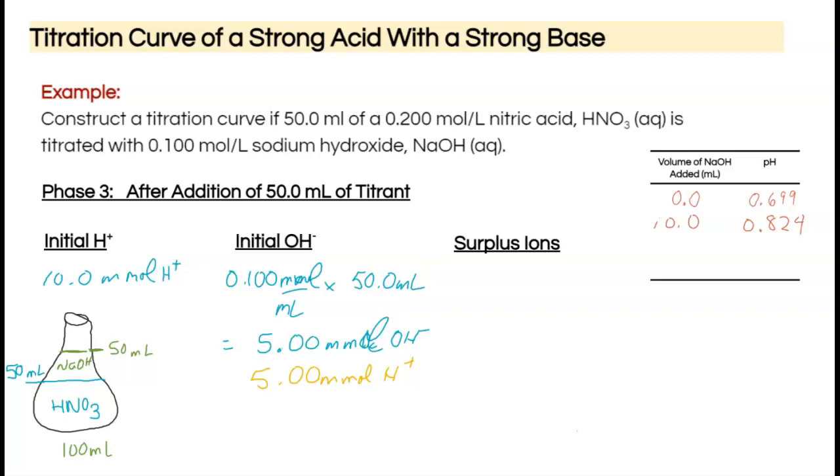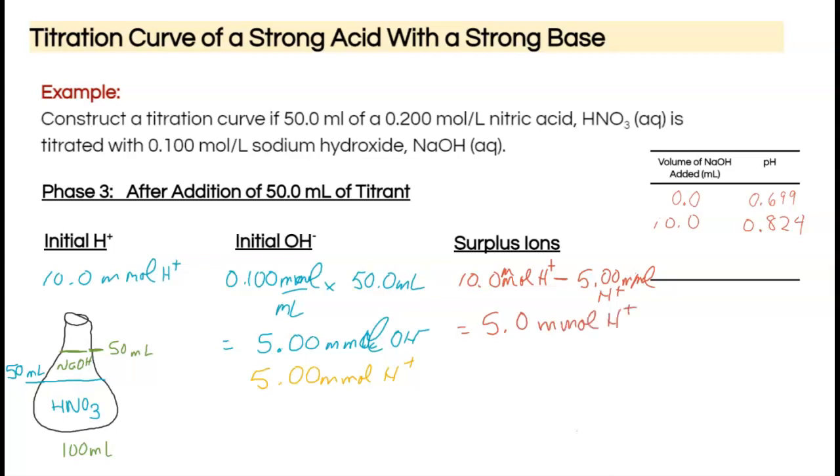My surplus is going to be, well, I start with the 10 millimoles of H plus, and I'm going to have neutralized 5 millimoles of H plus with my base. And so that's going to give me a net overflow or surplus of 5.0 millimoles of H plus.